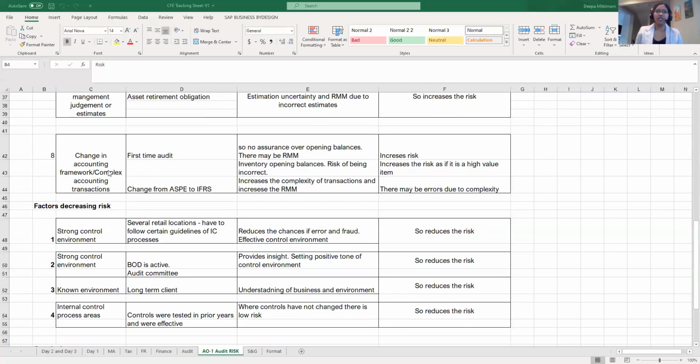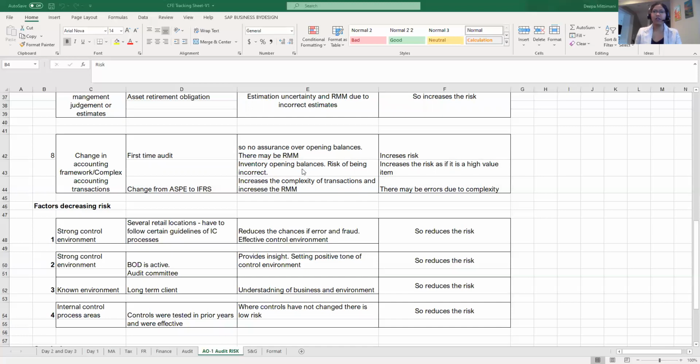And then there are changes in accounting framework or some complex accounting transactions. So as you're going through your financial reporting AOs in the first section, you will observe these points. So there could be a first time audit. If it's a first time audit, there is no assurance on the opening balances. So you have to state that there may be a misstatement in the opening balances.